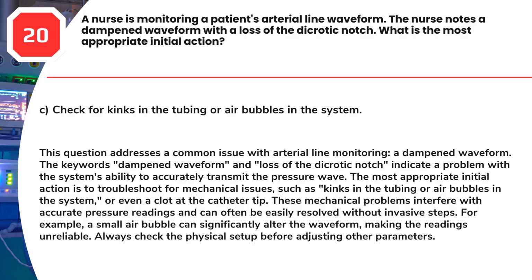These mechanical problems interfere with accurate pressure readings and can often be easily resolved without invasive steps. For example, a small air bubble can significantly alter the waveform, making the readings unreliable. Always check the physical setup before adjusting other parameters.